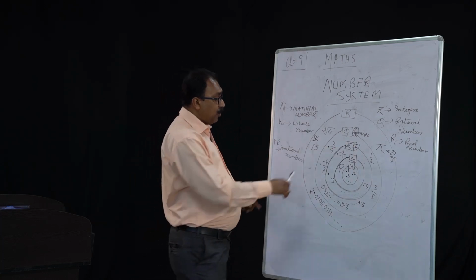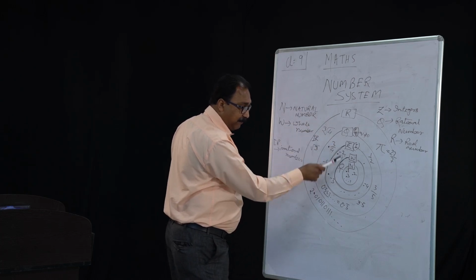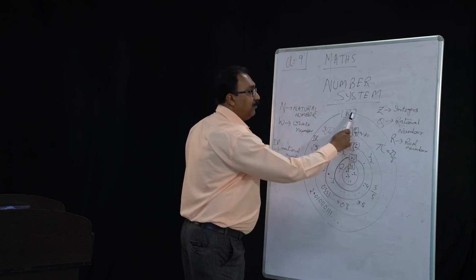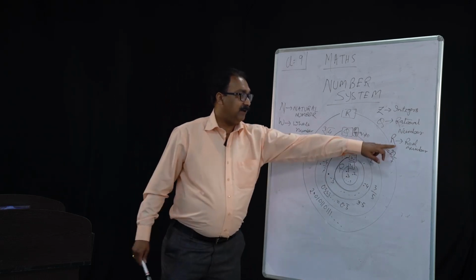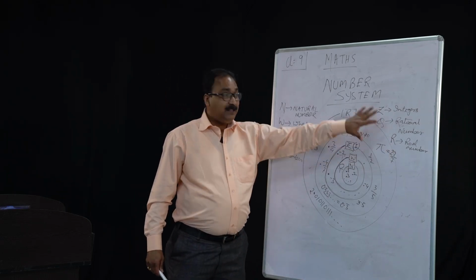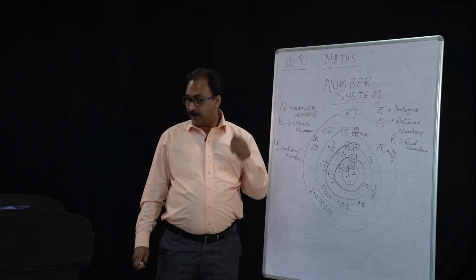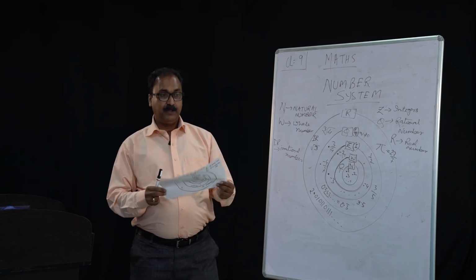Now all the irrational numbers, rational numbers, integers, whole numbers, and natural numbers all come under real numbers. R indicates real numbers. So in this chart, all the numbers are at your fingertips. I recommend you make one chart like this at home.